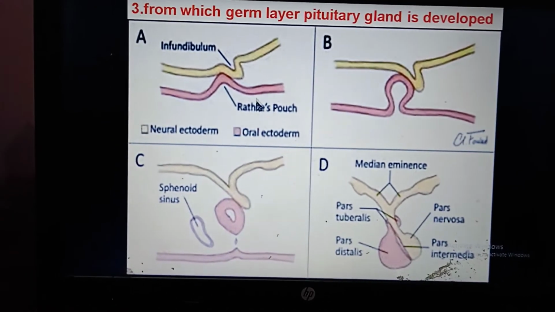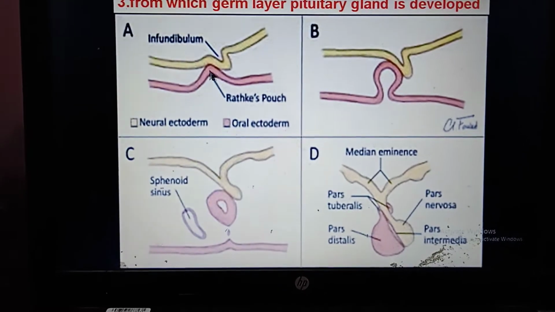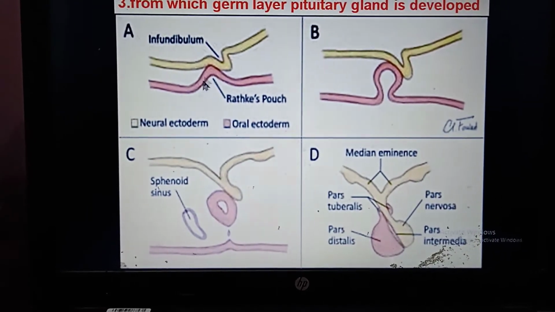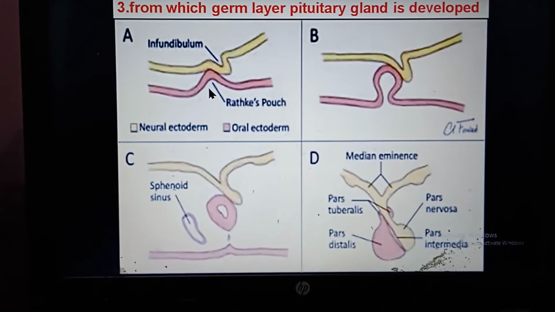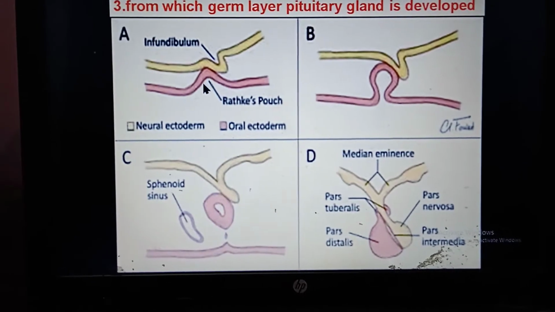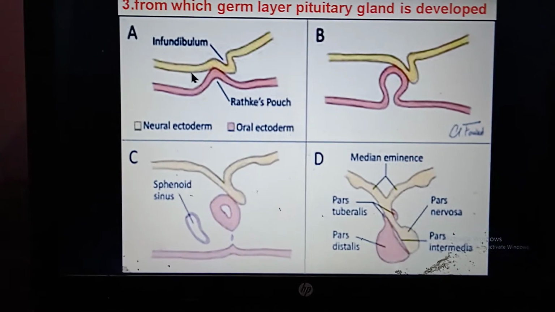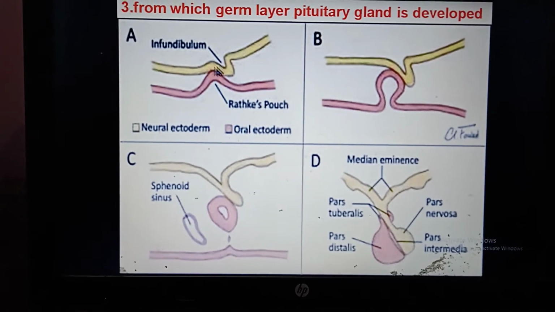At the third week of intrauterine life, the ectoderm of the stomodeum, that is the primitive oral cavity, starts making a pouch. It outpouches superiorly as Rathke's pouch, whereas this is the neural ectoderm, which outpouches below.